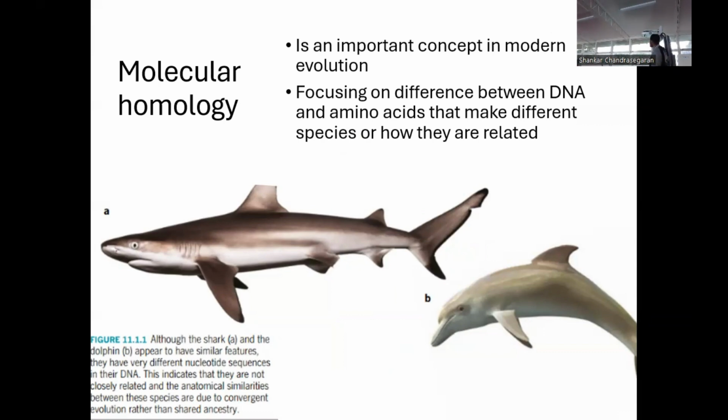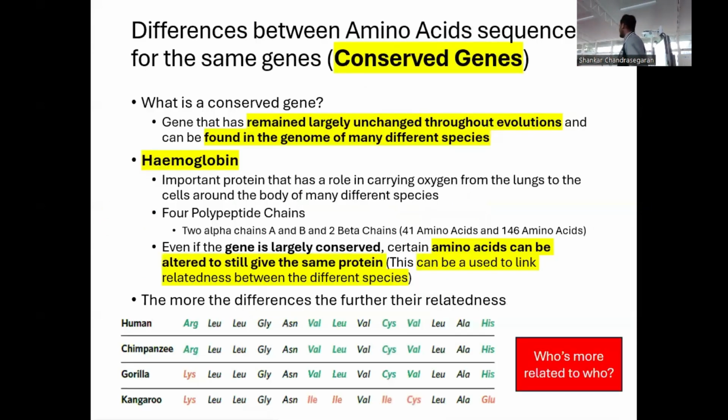This is a much more important concept in modern evolution because it is much more testable and provable in terms of looking at how they've changed over time. This focuses on the differences in DNA and amino acid sequences to see how related organisms are. And this is actually much easier to do than you might think.